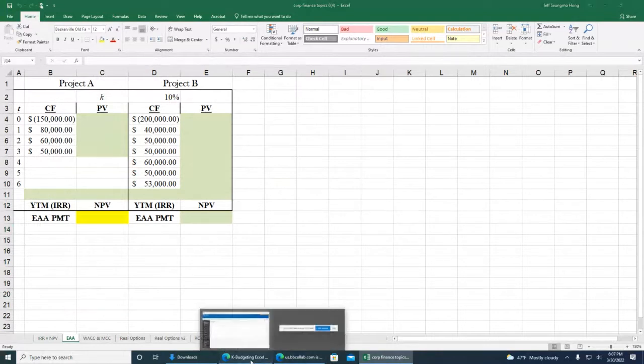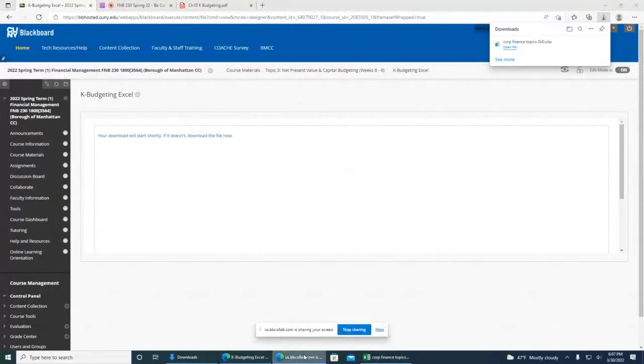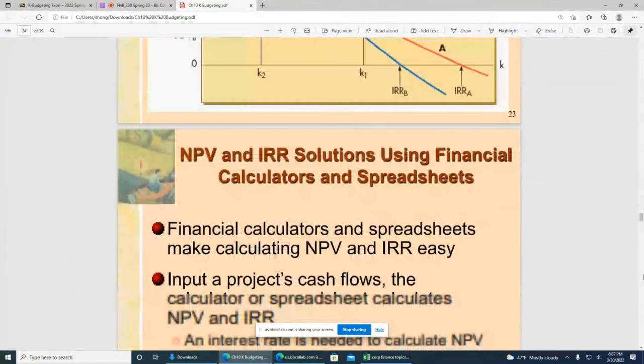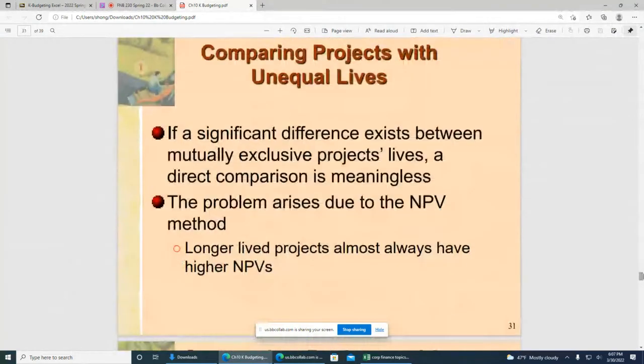So what we're going to talk about today is comparing projects with unequal lives. So we've been basically in net present value capital budgeting examples that we've been using for either a standalone project or mutually exclusive projects.